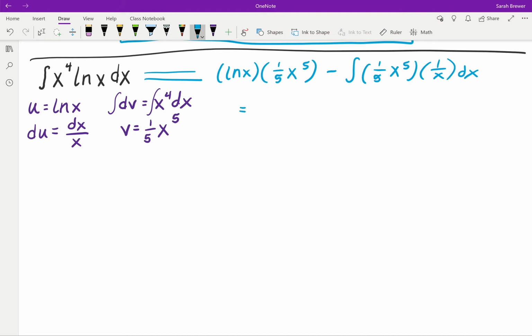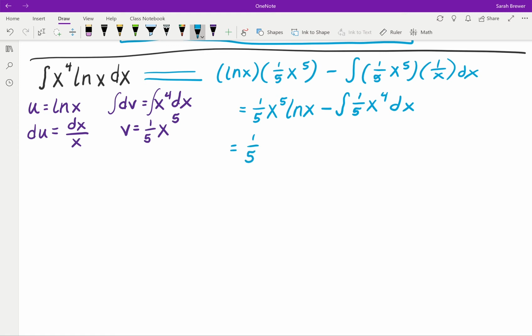I'm going to write that as 1/5 x to the fifth natural log of x. Typically we'll write stuff to the left of a log or a trig function so that it doesn't look like it's inside the function. And then I'm going to simplify this. So x to the fifth divided by x is x to the fourth. So we're just integrating here 1/5 x to the fourth, which is a super easy integral.